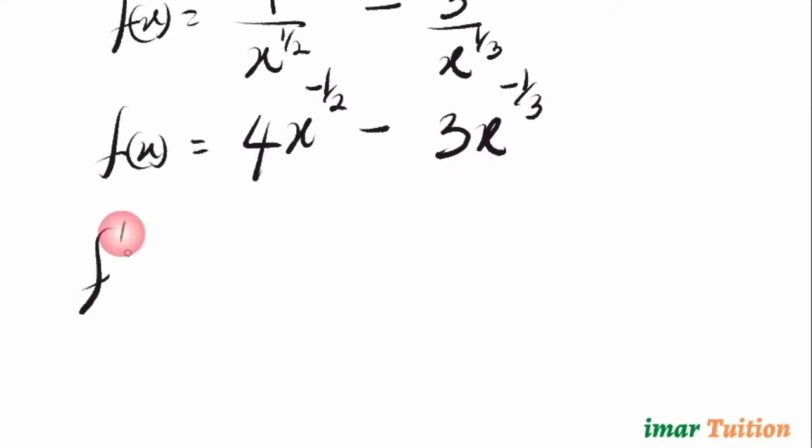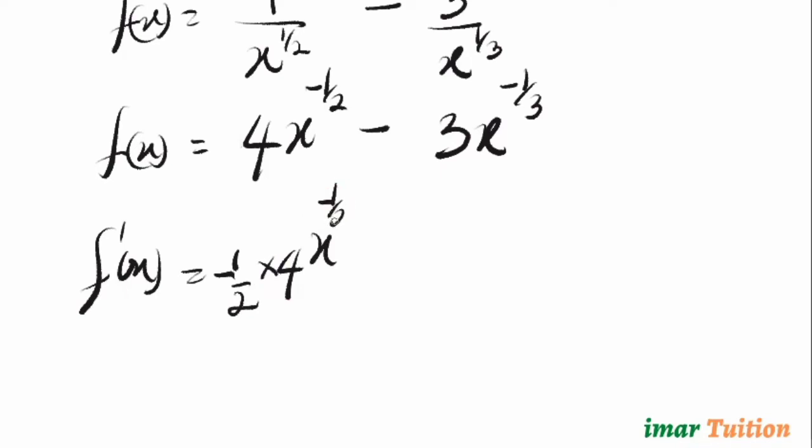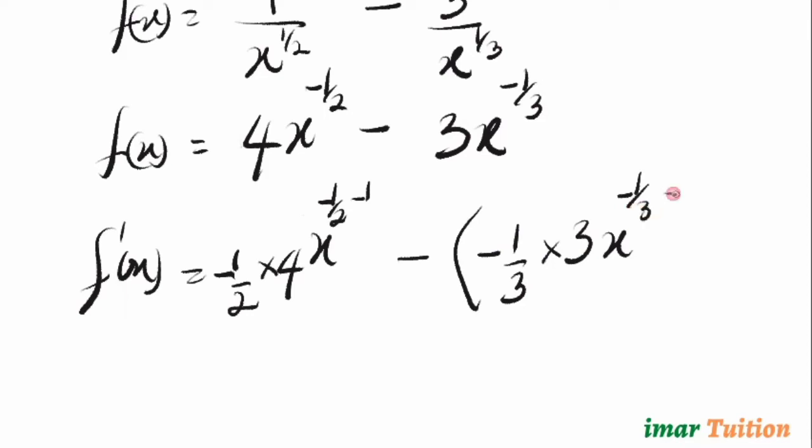So f prime of x is equal to this multiplied by this: minus 1 over 2 times 4x raised to the power minus 1 over 2 minus 1, minus, bracket open, minus 1 over 3 times 3x raised to the power minus 1 over 3 minus 1.